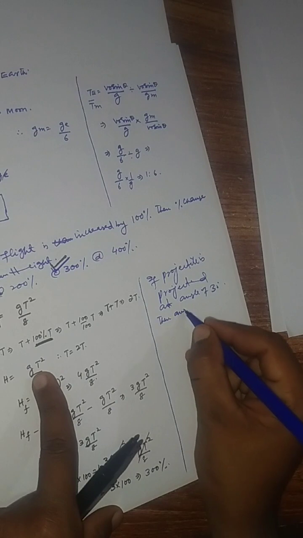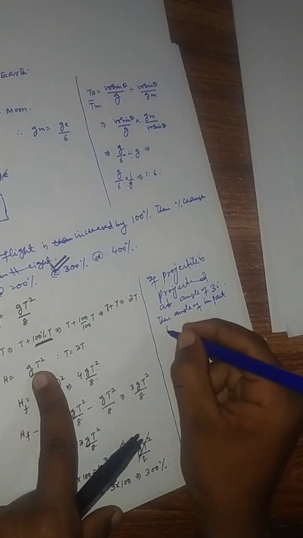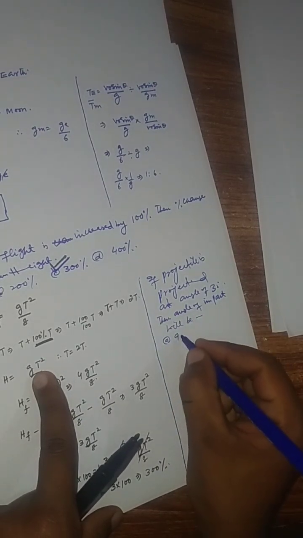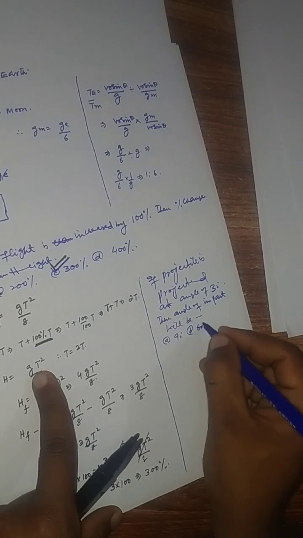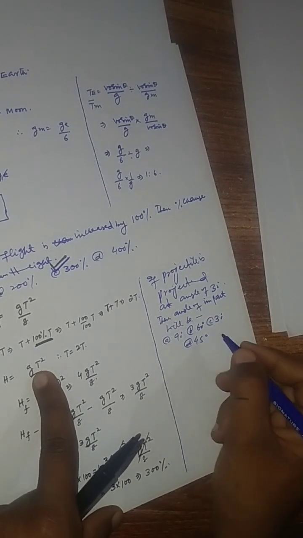Then angle of impact क्या होगी? Let's say 90, let's say 60, let's say 30, or let's say 45.